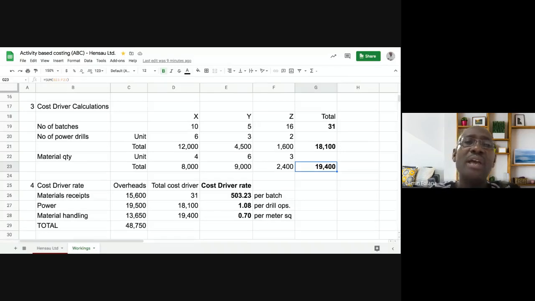So to arrive at our cost driver unit, we take the total overhead and divide it by the total cost driver, just like we take the total overhead divided by the total activity level when we are doing our absorption costing.